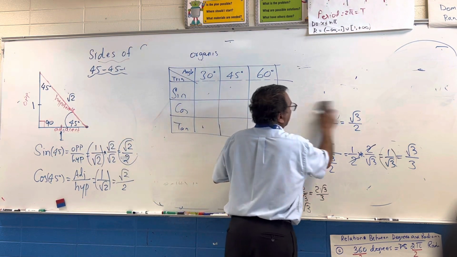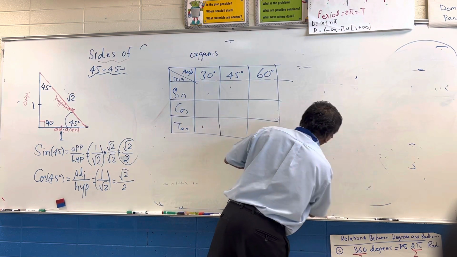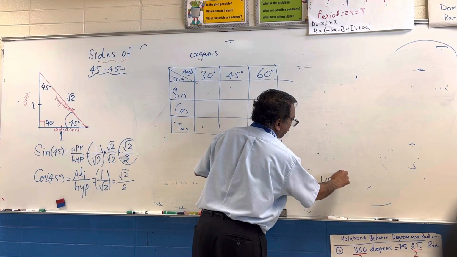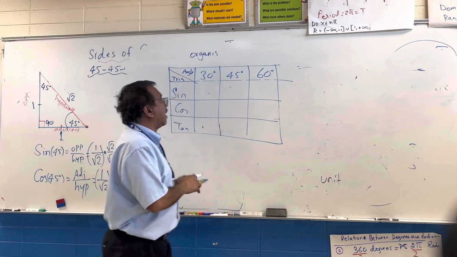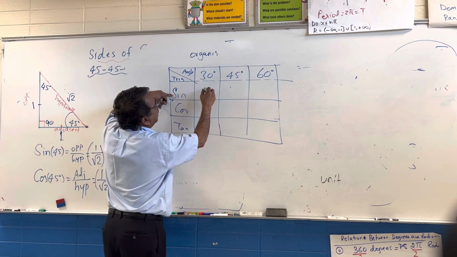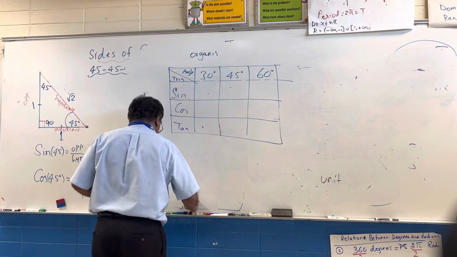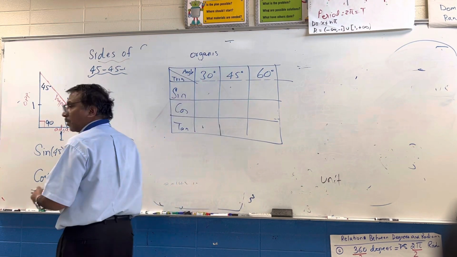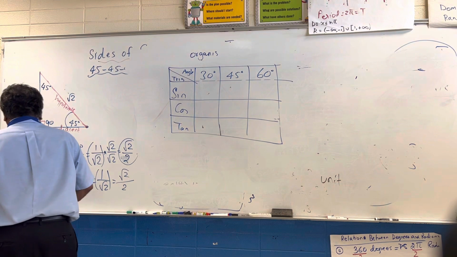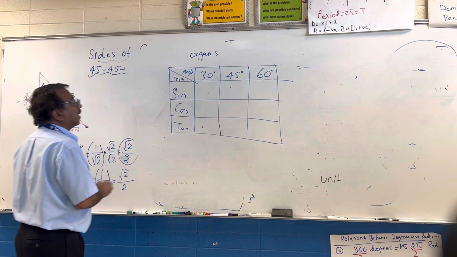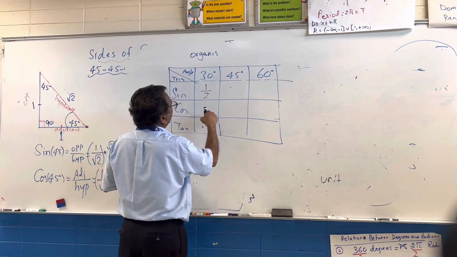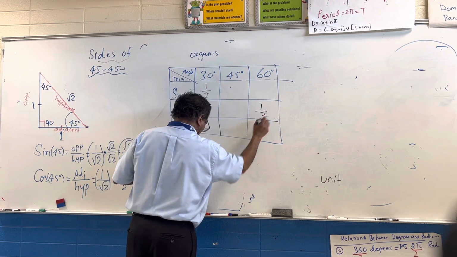Later in class we are going to complete the unit circle very soon, and to get a whole idea of the unit circle, these are the important ones. Sine 30 is half, and you have also seen cosine 60 is half.